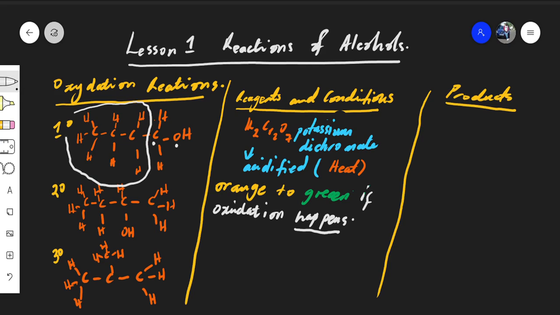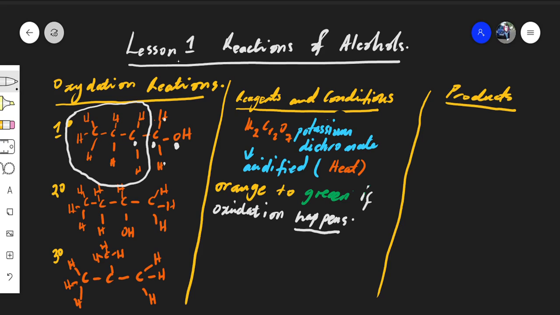Or we can say it is an OH group bonded to a carbon that is bonded to two hydrogens. Or we can say it is an OH group bonded to a carbon that is bonded to one other carbon. So this is a primary alcohol.